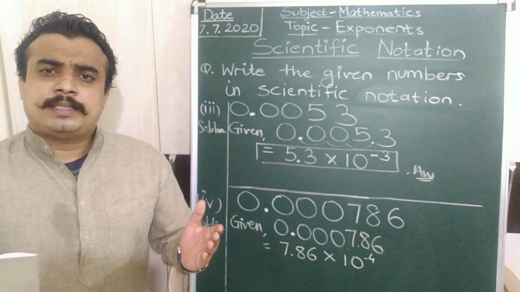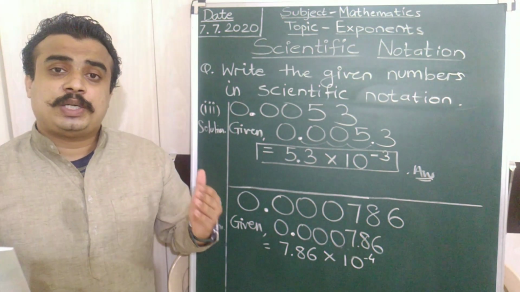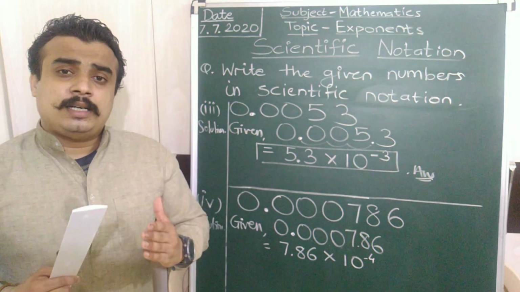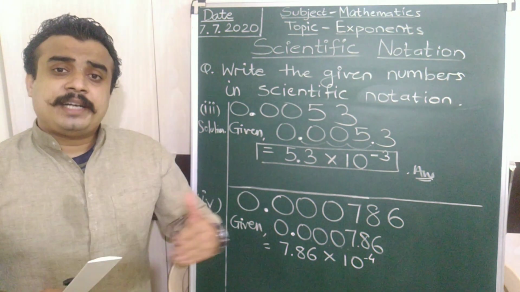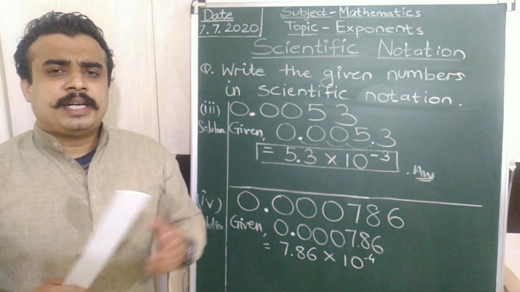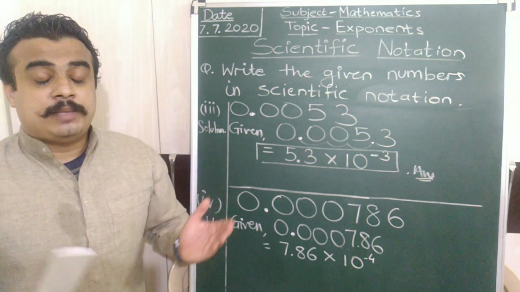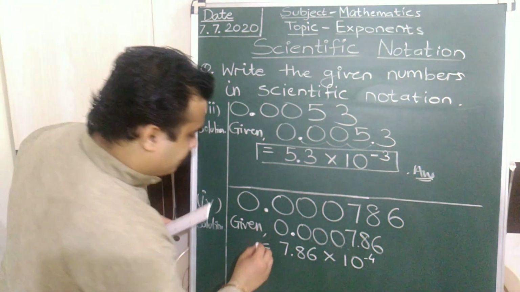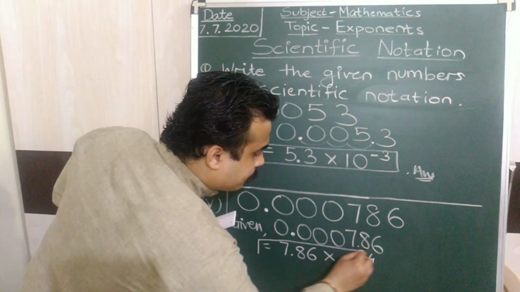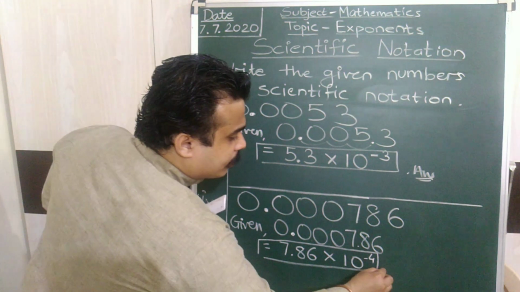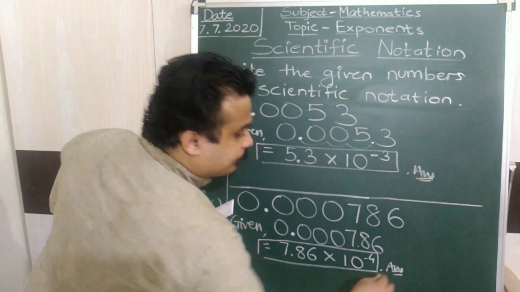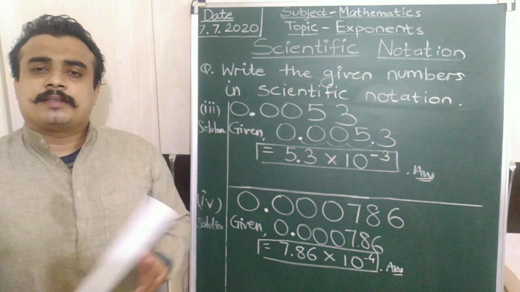Because decimal point is shifted towards right. If the decimal point is shifting right, then the exponent will be negative. Exponent means power. So this is the final answer.